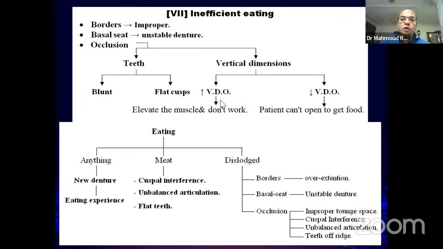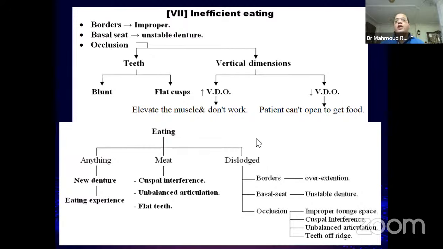Vertical dimension also: if it is very high, the elevator muscles don't work. The patient does not have sufficient interarch space to put food between the upper and lower teeth. The patient can't open to get the food, so there will be a problem in mastication also.